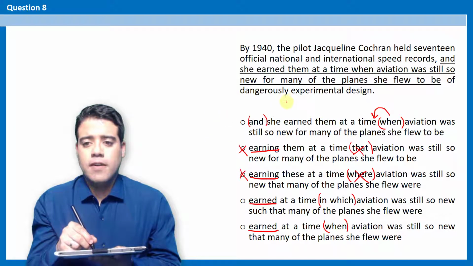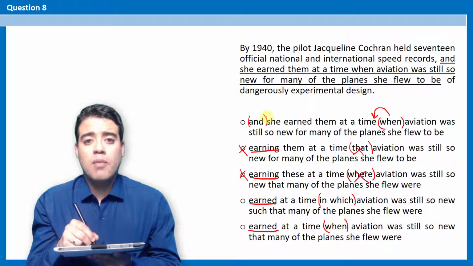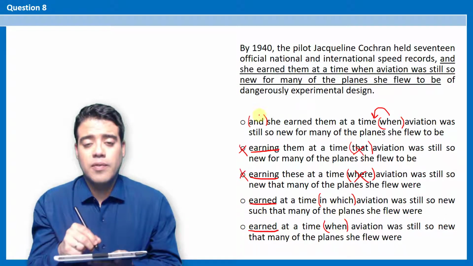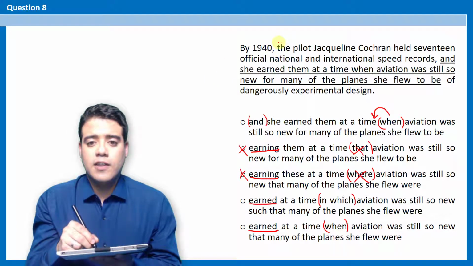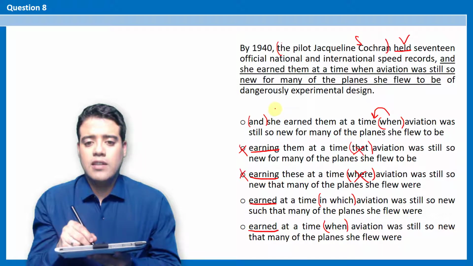Now, if you have and she earned them, you're creating another sentence. So that's what we call a complex or compound sentence. 2 main clauses. The first sentence is the pilot, Jacqueline Cochran, hailed. That's my verb. The second sentence is she earned.